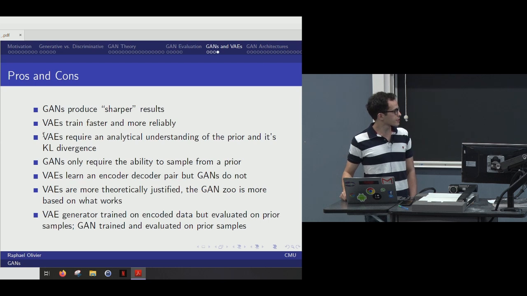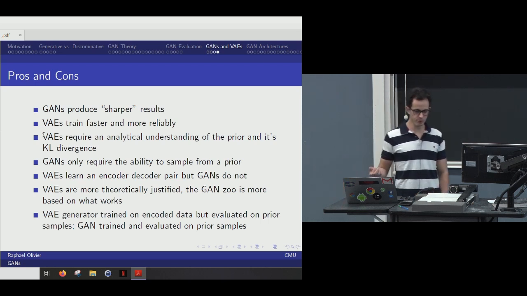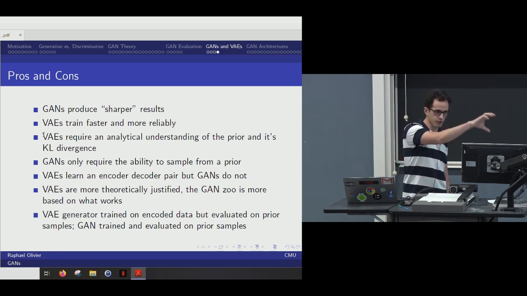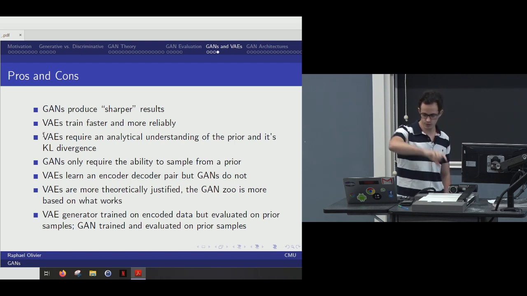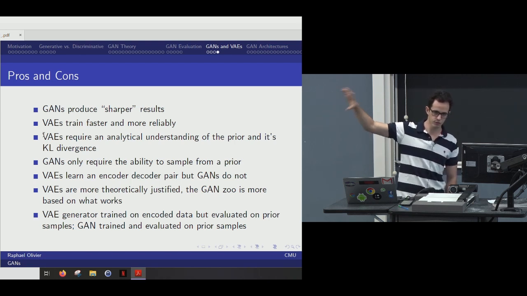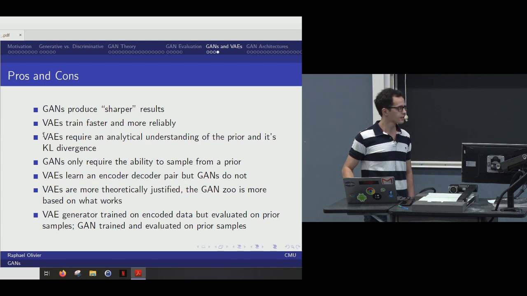Another good thing about VAEs is that they do have an encoder, as opposed to GANs, where, like we've said, the latent distribution is just the input, but you cannot create it. The VAE has its encoder that goes to the latent distribution, and it's the decoder that goes from the latent to the data space.